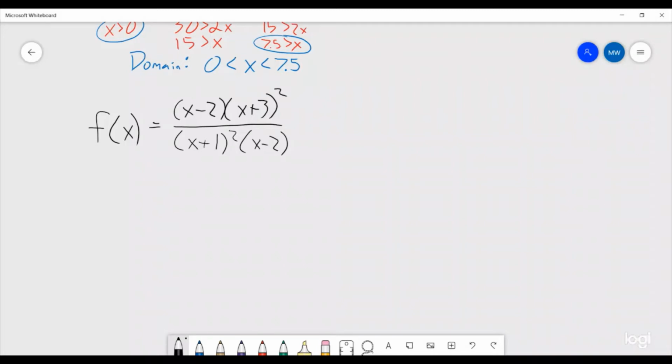So our domain of the function is going to be everywhere where the denominator is not 0. So the domain is going to just be x cannot be negative 1, x cannot be 2. Now for these values, one of the questions is, at these points, what is the behavior of the function?